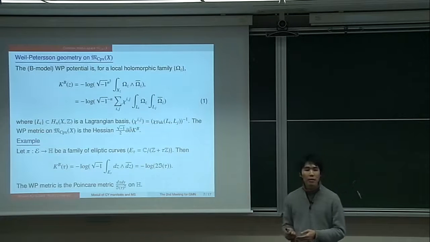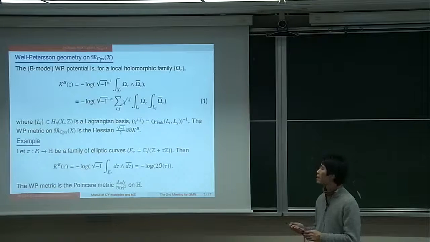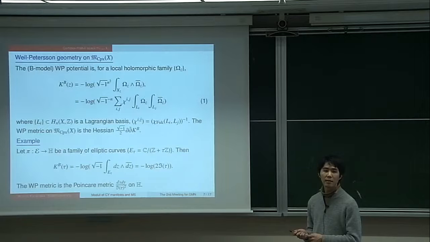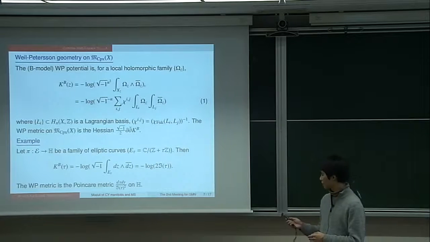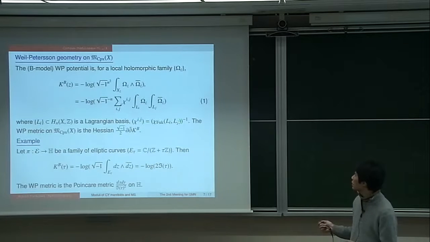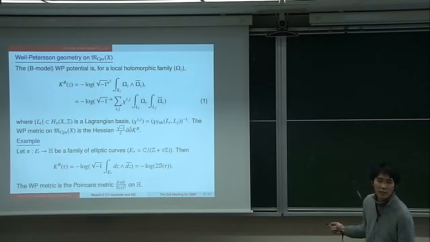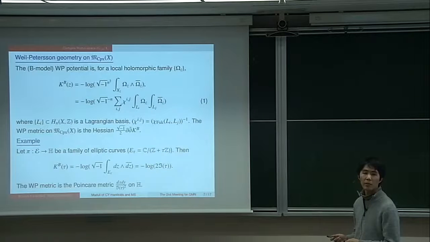So by Lagrangian basis, you mean these Lagrangian submanifolds? That's correct. Is it clear that this intersection matrix is invertible? Is that easy to see? Oh, this is just an alternating sum of the homology of these.